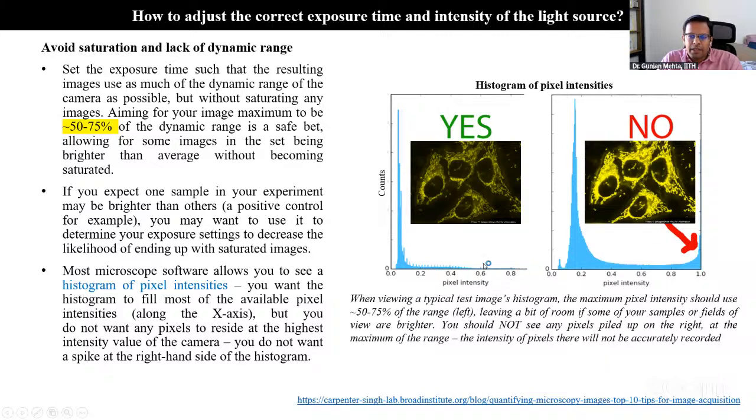It can go up to 1 or even above 0.8, because those images are brighter than your control sample. So that's why it is always recommended that while setting the exposure time or the fluorescence light intensity, you should only use 50 to 70% of the range. You should not use the full range of pixel intensities, okay.